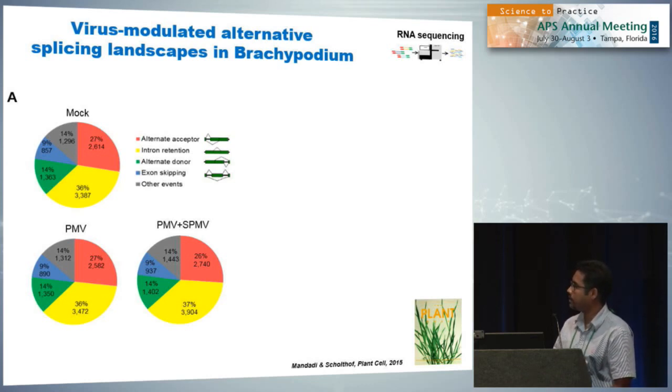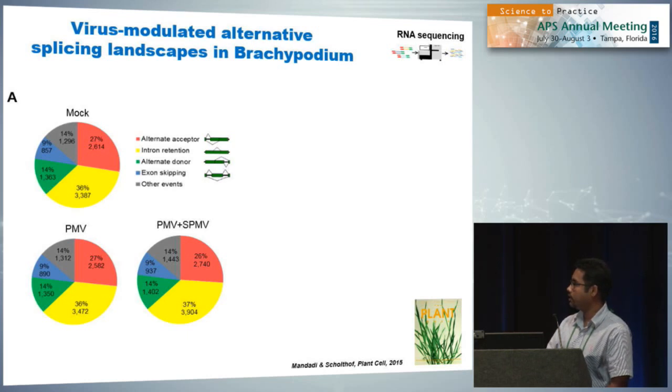On the top here are the healthy plants. As expected, the majority of splicing types present in Brachypodium were intron retentions, and the least abundant were exon skipping events. That fits the patterns we saw in dicots and other monocots. During an infection, we do not see a big change in the overall ratios of the different types.